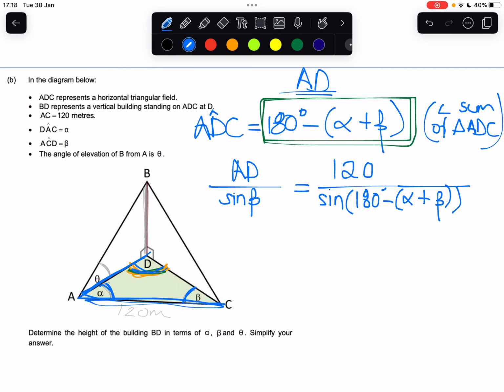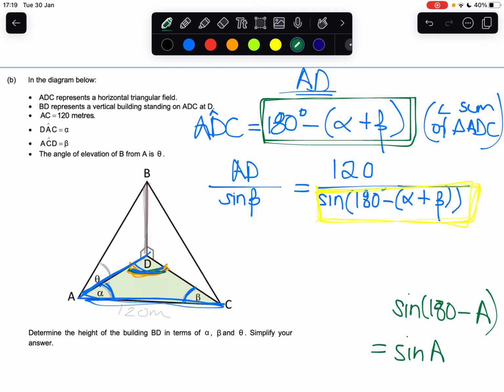Right. And this is yelling out to be simplified using a reduction formula. Right, so we know that sine of 180 minus a, right, second quadrant, so sine is positive, right? It's just the same as sine of a, whatever a is.